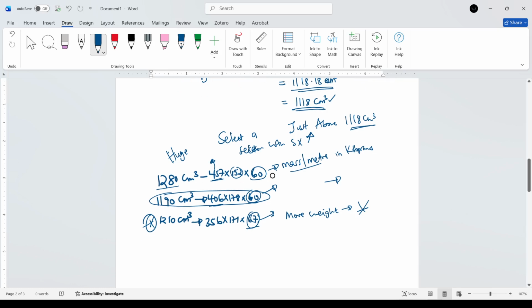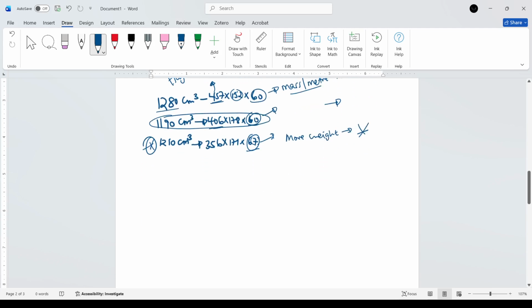So let's say we go with the section 406 by 178 by 60 universal beam. So we have selected that one.